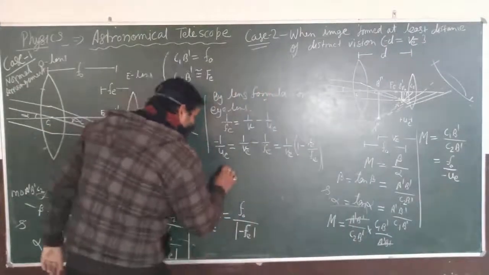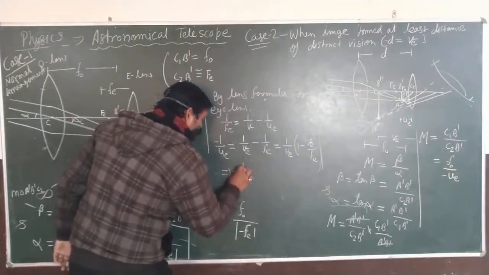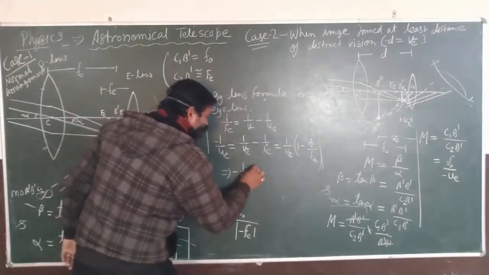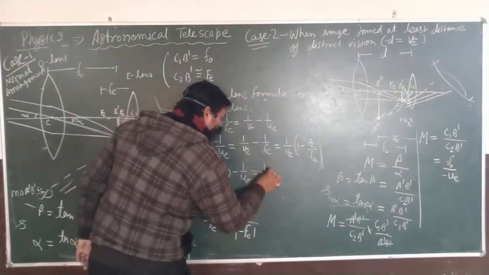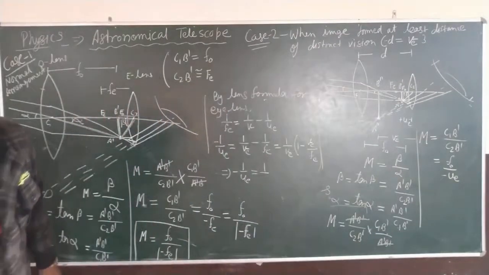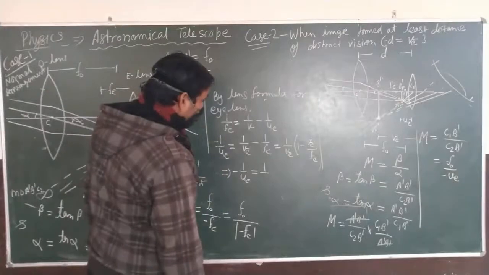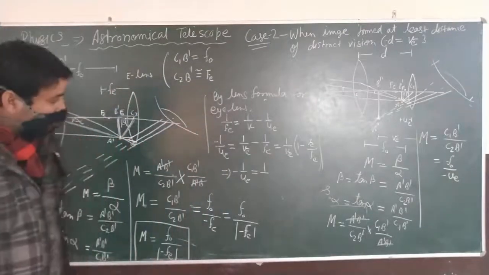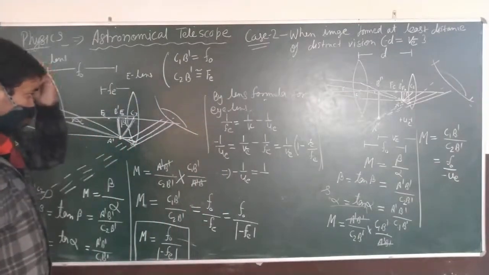Now we consider here VE is equal to small d. Okay, therefore minus 1 upon UV is equal to 1 upon... So 1 upon UV positive.